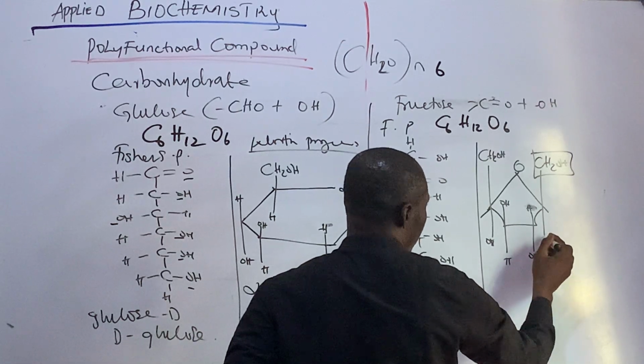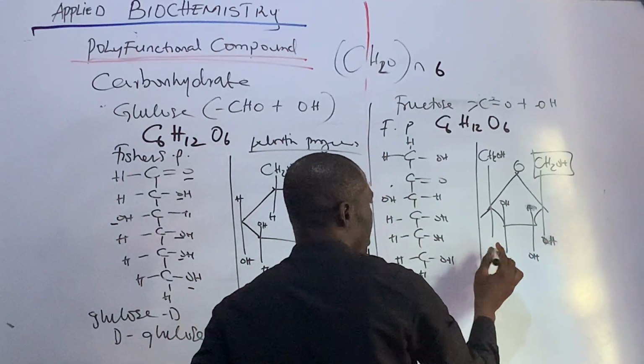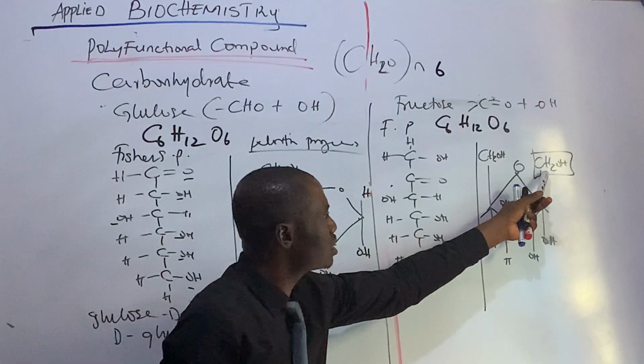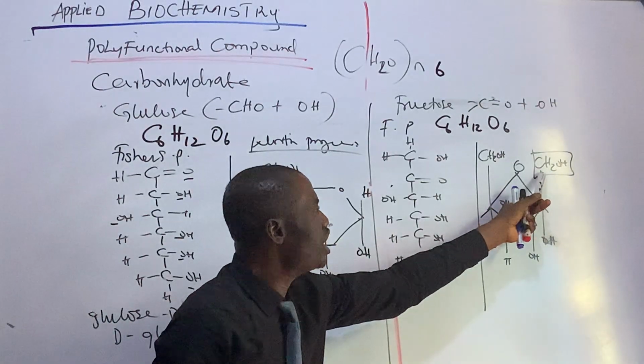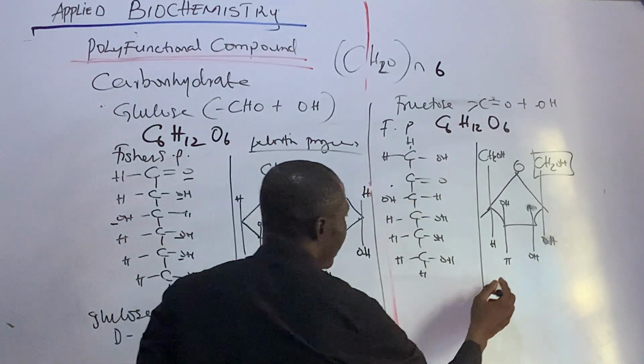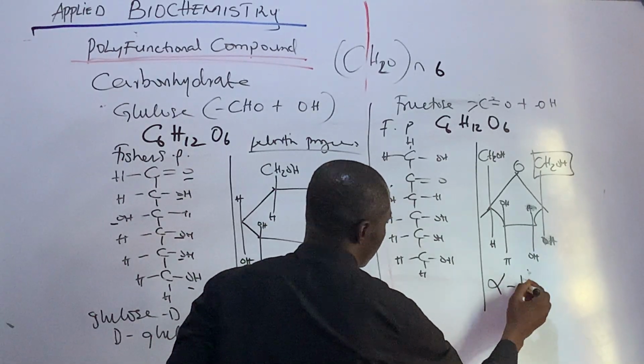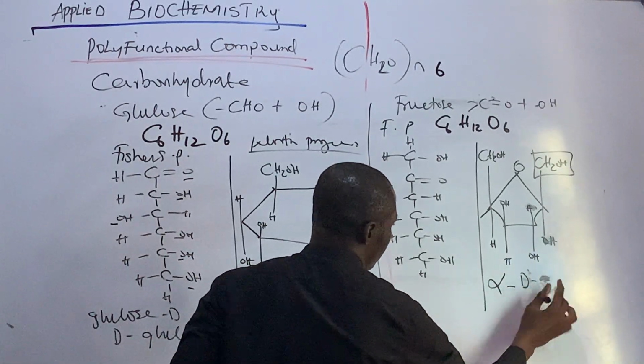This should be OH, rather this should be H. All right, now this molecule here should be on top if you want to have the alpha D fructose.